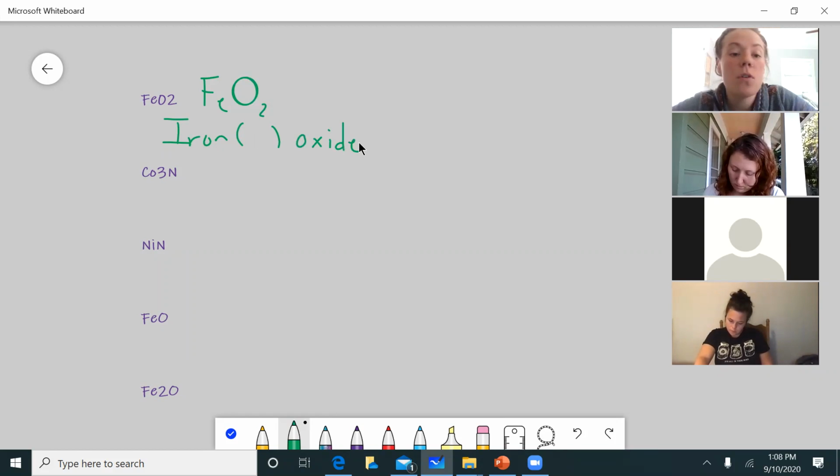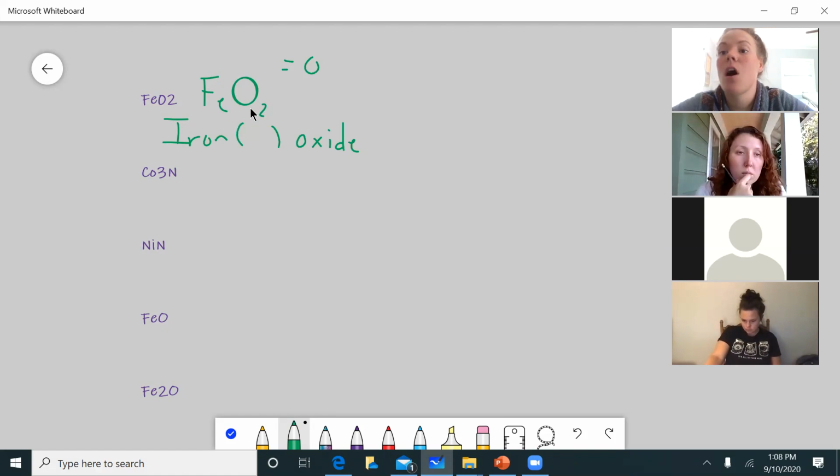All right. So now we have to figure out what the charge is on this iron. Well, you go from what you do know to get what you don't know. We know this whole thing has to equal 0, right? Because these are charge neutral. What is the charge on oxygen always? 2 minus, and how many of them do we have? 2. So we have a 2 minus charge times 2, or an overall 4 minus charge.